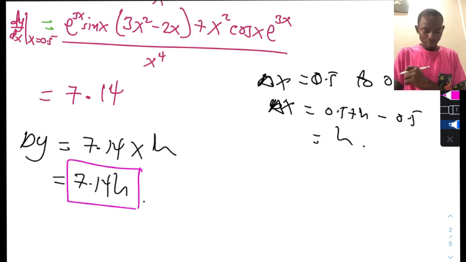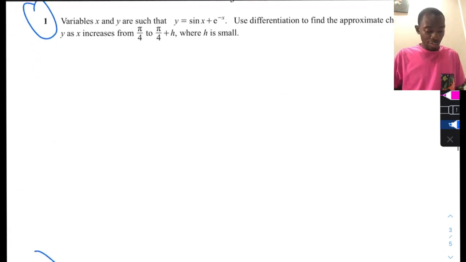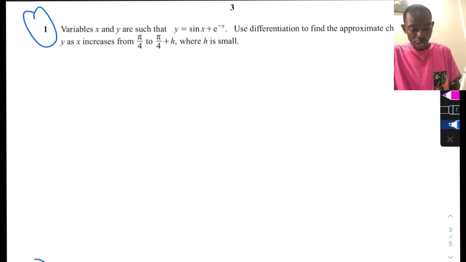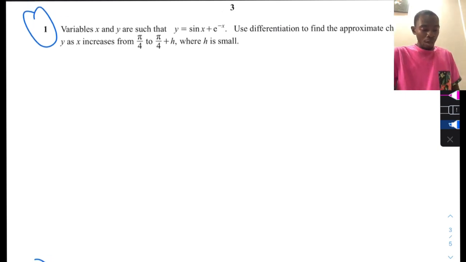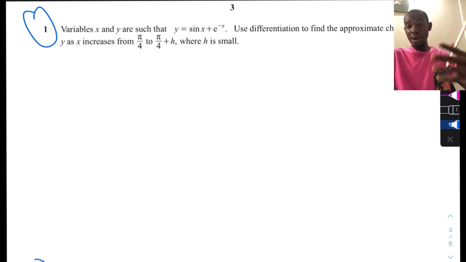All right. So this is the next question that we need to take a look at. It says that the variables x and y are such that y is equal to sin x plus e to the power negative x. Use differentiation to find the approximate change in y as x increases from pi on 4 to pi on 4 plus h, where h is very small.